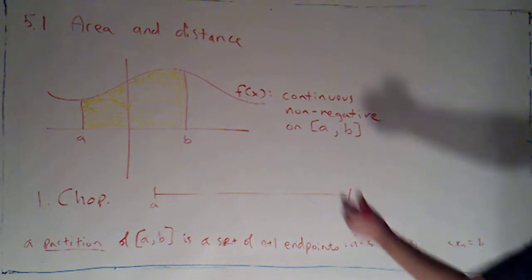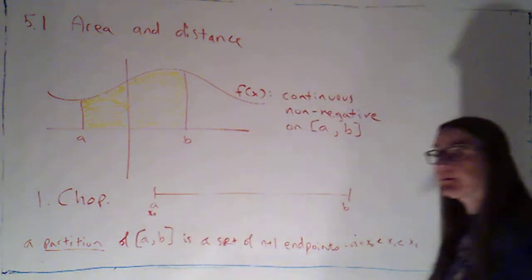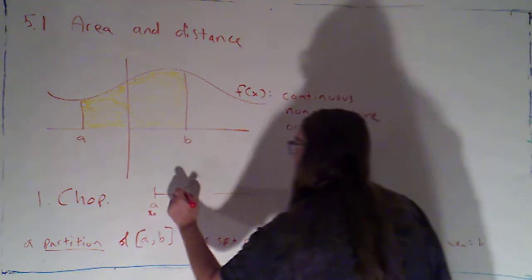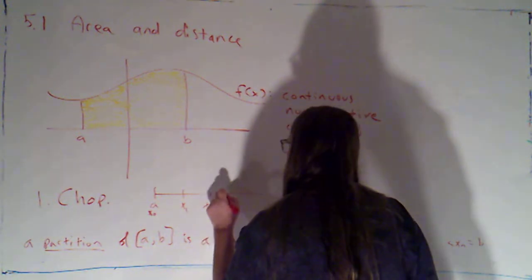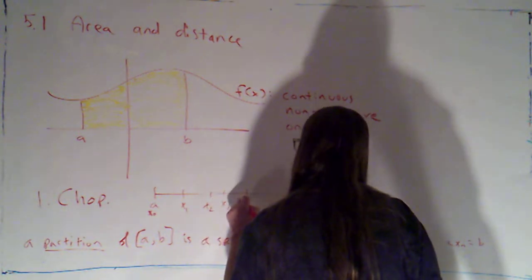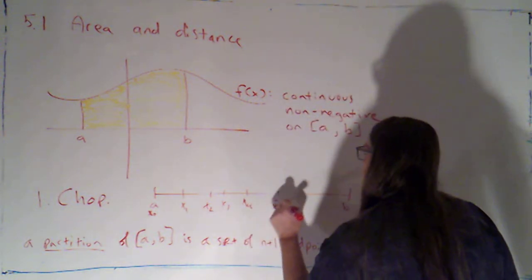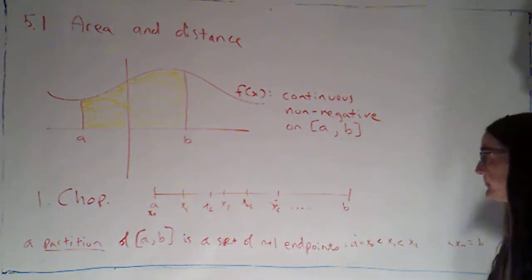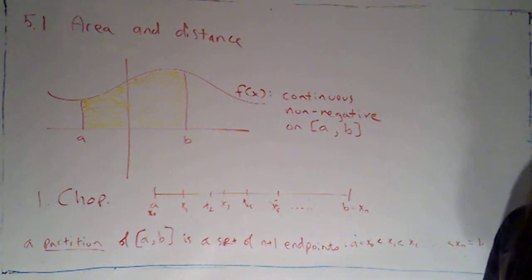Okay, so essentially I'm taking A, which is my left endpoint. I'm calling that x with a subscript of 0. And then I'm putting an x1 and an x2 and an x3 and an x4 and an x5. I'm just going to put a dot, dot, dot. Okay. B is going to be my last one, x sub n.